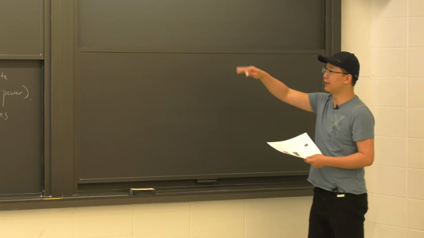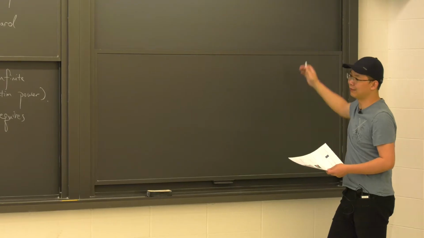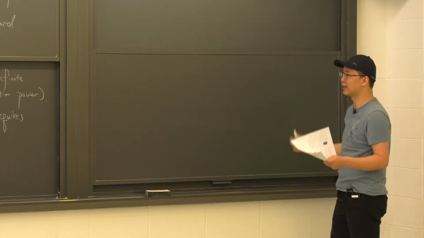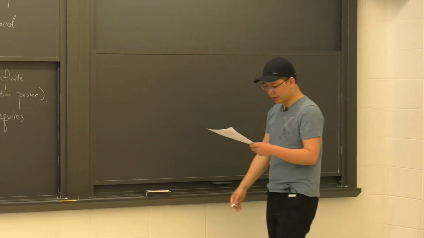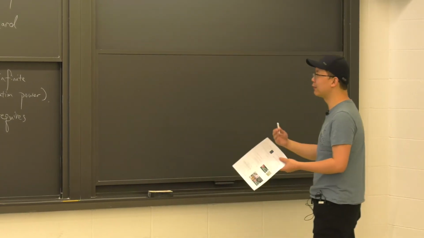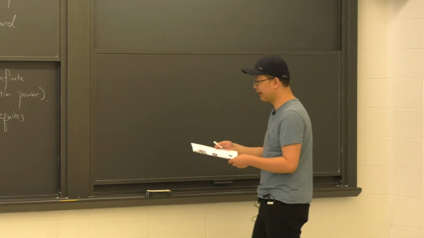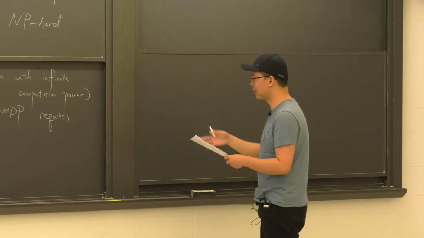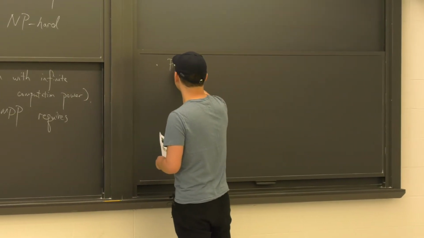Those are all the hardness results, which are very negative, saying that in the worst case, for this entire class, we cannot do too many positive things. So in order to develop something meaningful and useful for practice, we will address this with two sub-questions. The first question is about the problem structure.